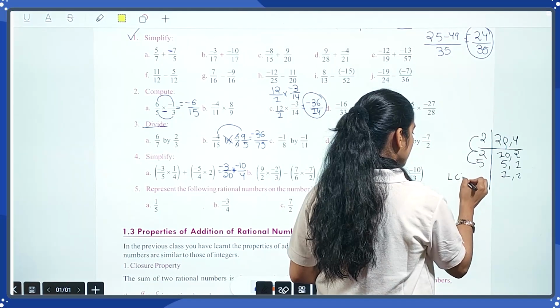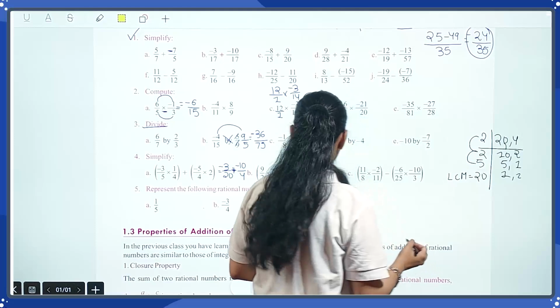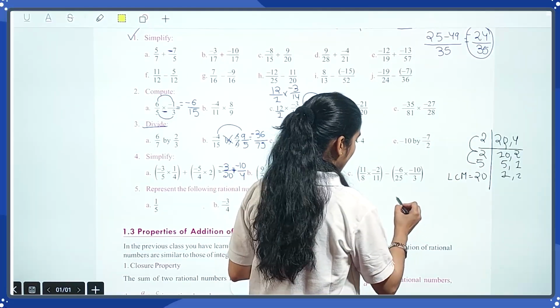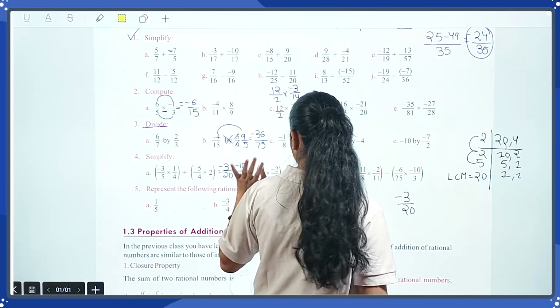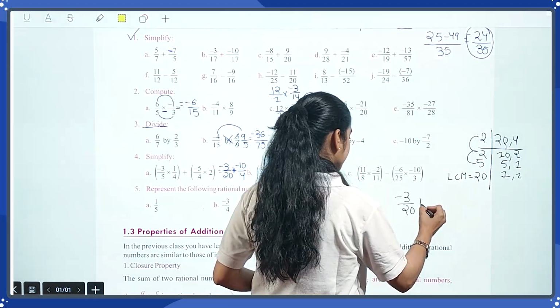So the LCM is 20. Next, how can we convert the denominator to 20? For the first rational number, we already have the denominator 20, so we don't have to do anything to the first rational number. Next, we have the second one.